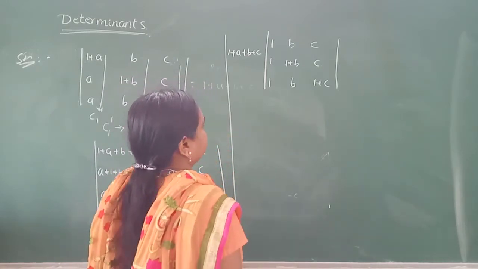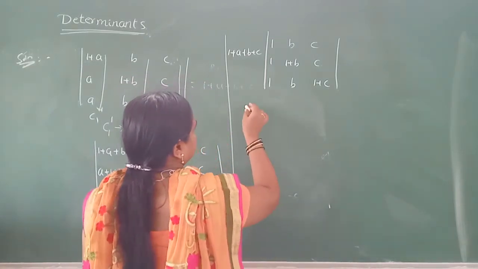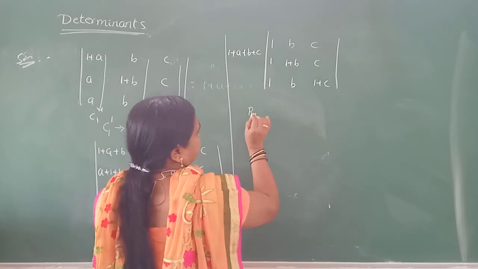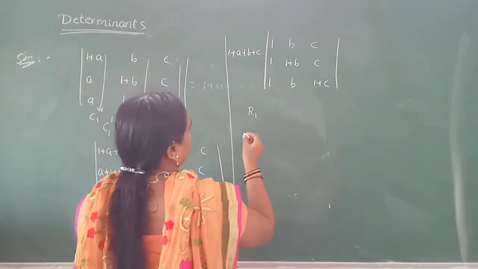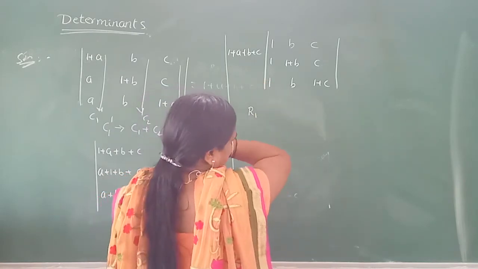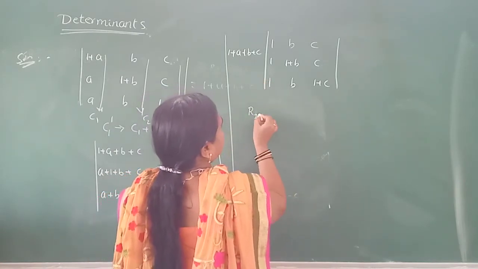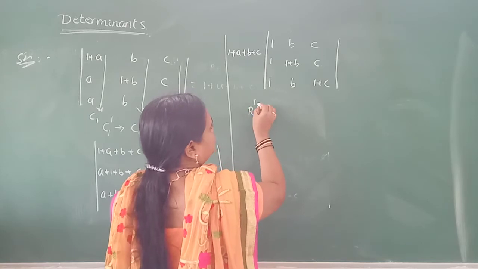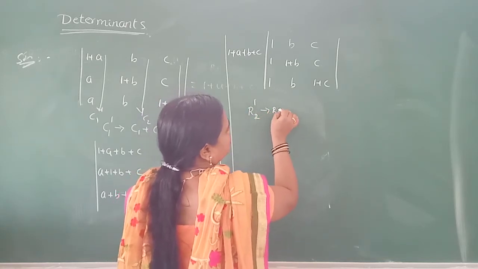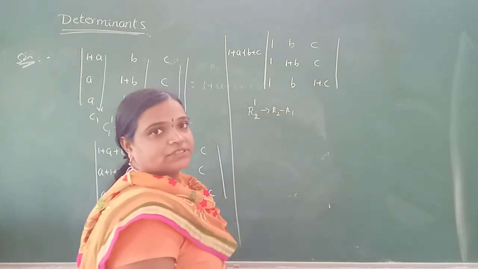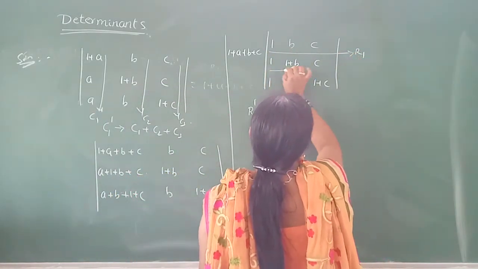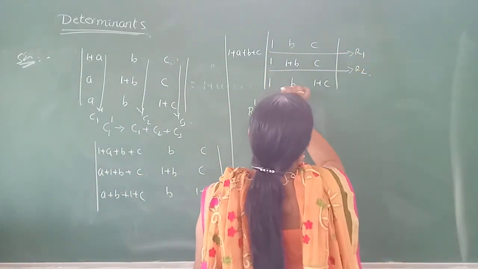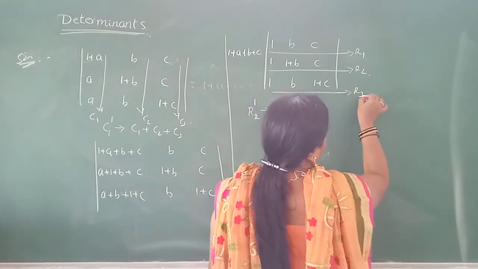We will take R2 dash equals R2 minus R1. See, this one we call R1 and this one we call R2.